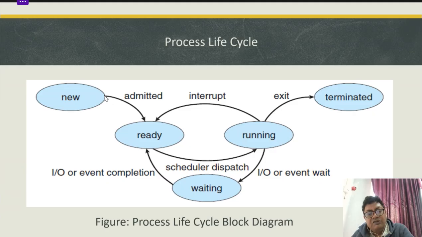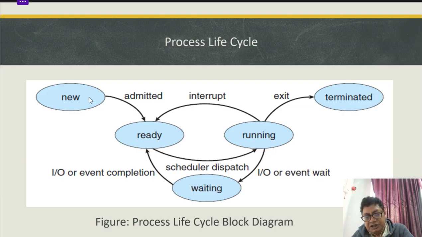Okay. First, as per the previous slide, the new, ready, running, waiting, terminate are all present in this process life cycle, along with some other words. Now I explain the process life cycle properly.